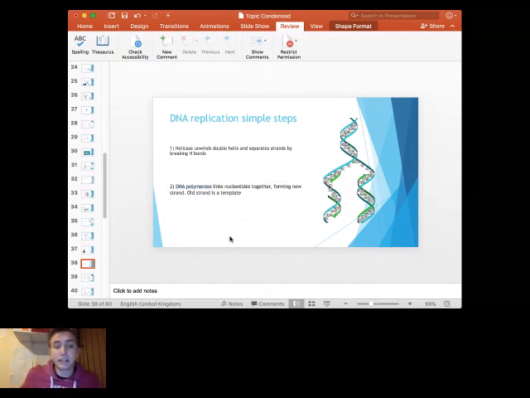So DNA replication can be simplified to two very simple steps. Helicase unwinds the double helix and separates the hydrogen bonds, and then DNA polymerase links new nucleotides together, forming a new strand from the old strand. But the old strand acts as a template. Is that clear to everyone? Fantastic.